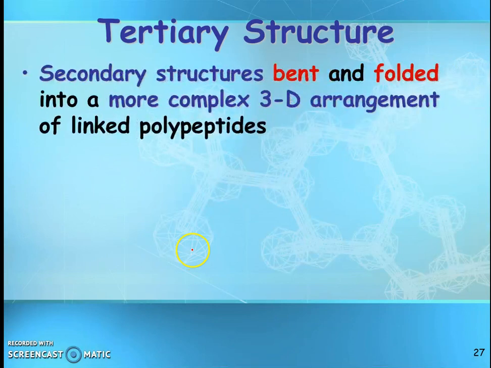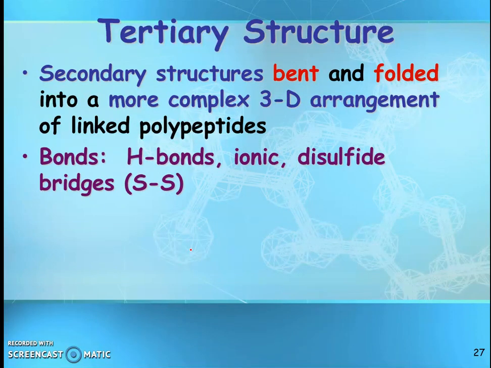Tertiary structure is another form, when the secondary structure is bent and folded into a more complex 3D arrangement, and they are linked together with hydrogen bonds, ionic bonds, and disulfide bridges. They have subunits.